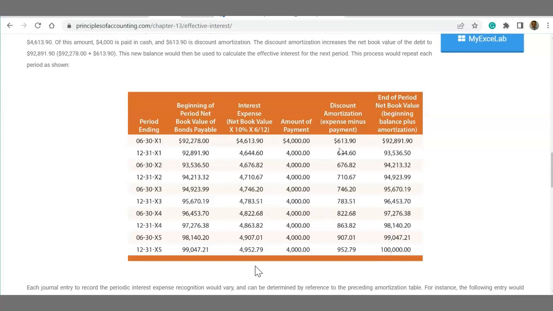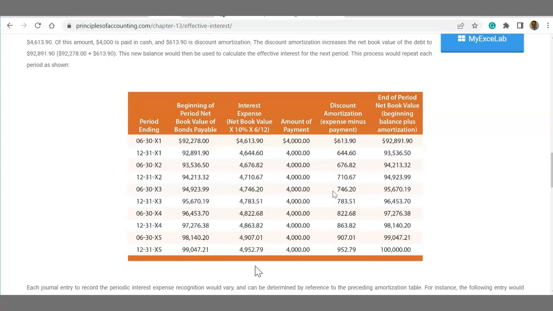Your amortization has to go from 92,000 beginning all the way to the 100. So at the end of 5 years, you have 99. After the last amortization, this 952 will be added to 99 and exactly ends up to be 100,000 at the end.